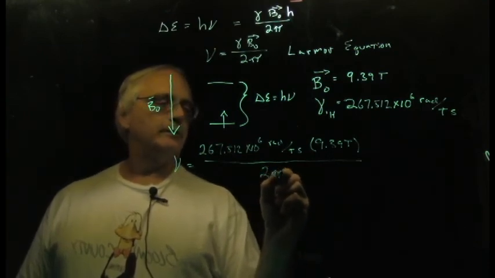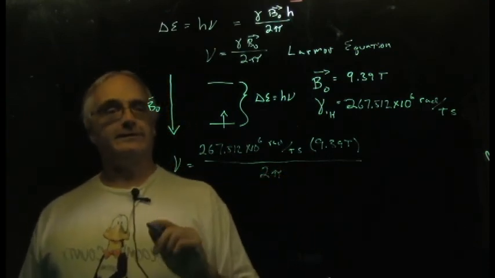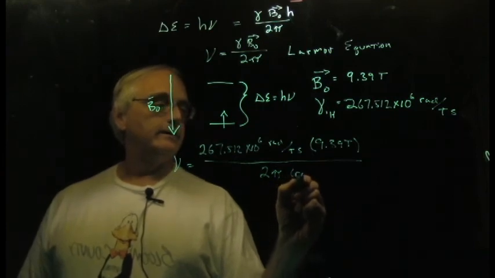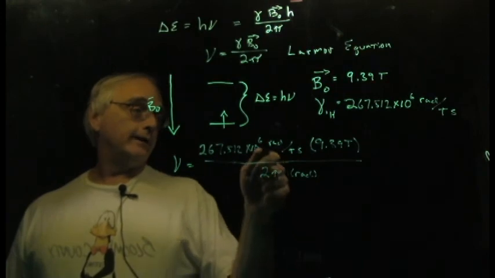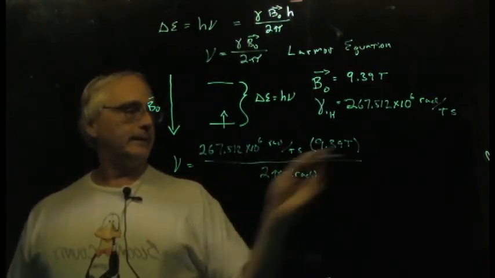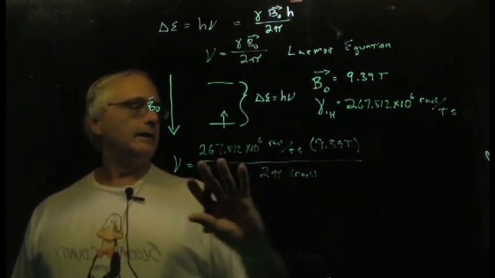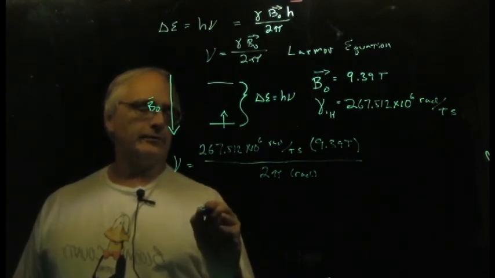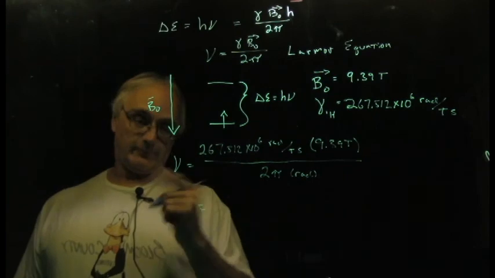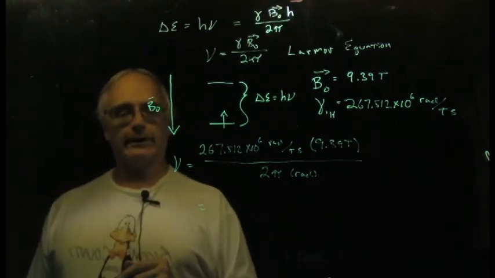And remember, 2 pi is pretty much the definition in mathematics of a radian. 2 pi radians. So that means my radians cancel, Tesla units cancel. The only units that I have left are reciprocal seconds, which is what I'm calculating, a frequency. Kind of nice it worked out that way.